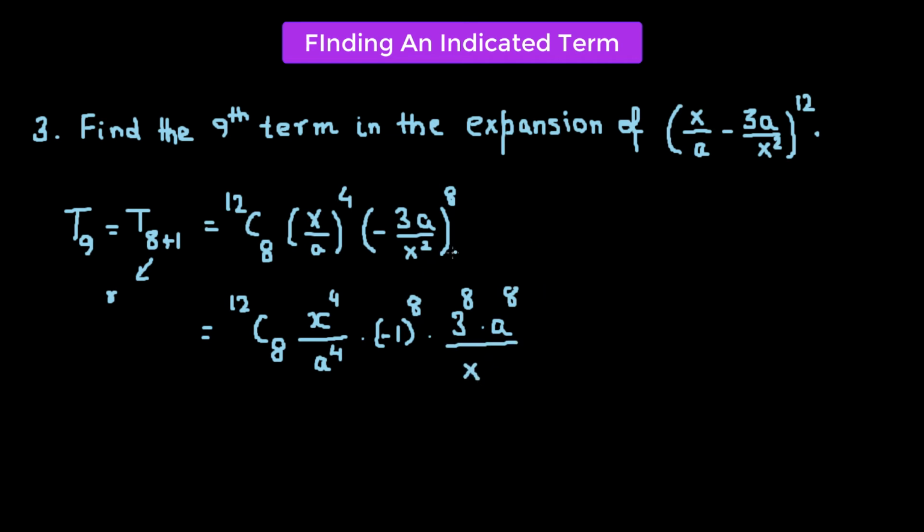So the power indices get multiplied to give us 16. Now we can factor out all the common terms. So x to the fourth and x to the 16 will cancel out to leave us with 12. A raised to the power 4 in the denominator will cancel out 4 terms in the numerator, leaving us with a raised to the power of 4.